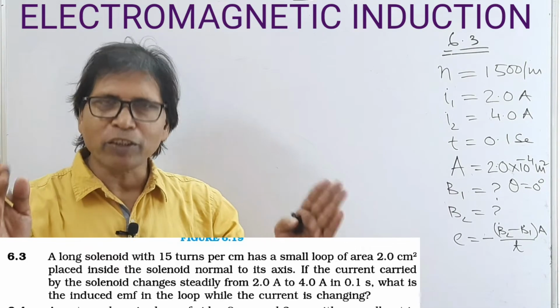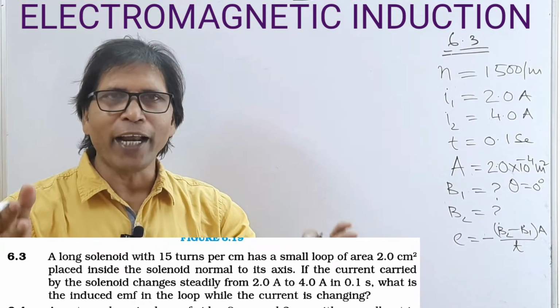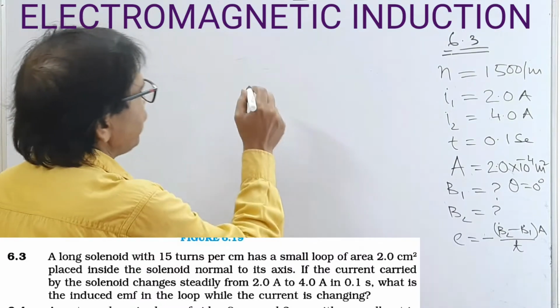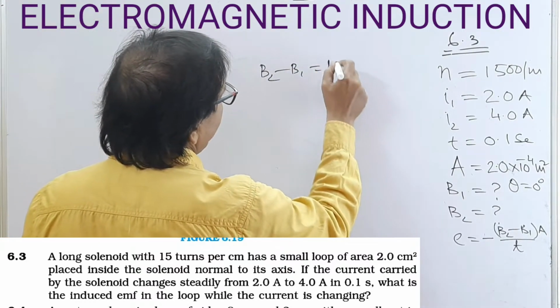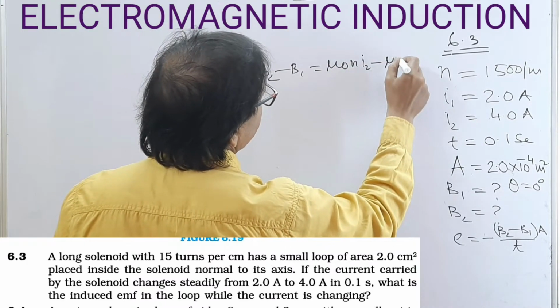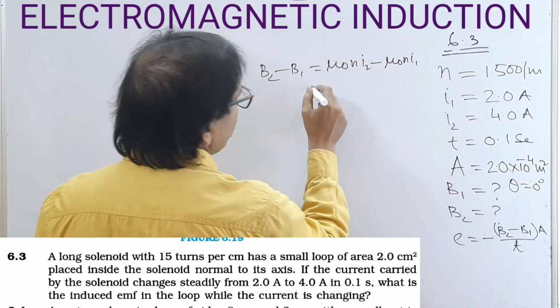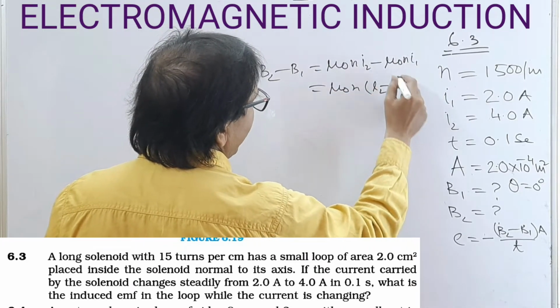First of all, we have to calculate the magnetic fields B1 and B2. So B2 minus B1 is mu naught N I2 minus mu naught N I1, which is mu naught N times (I2 minus I1).